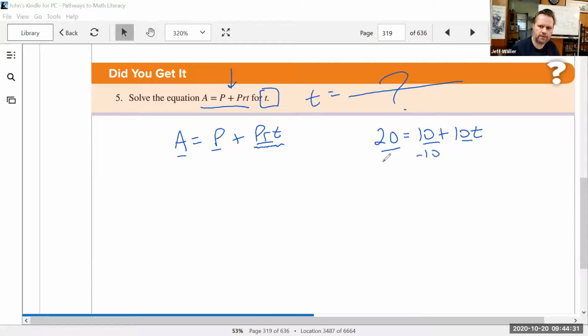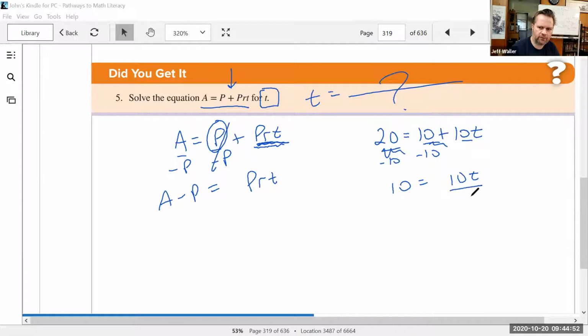You would subtract 10, right? So you get 10 equals 10t. So over here, what are you going to do? You're going to subtract P to get this by itself. And what's A minus P? It's A minus P. Those cancel. And your last step over here would be divide by the stuff in front of t. So the last step here is to divide by the stuff in front of t.